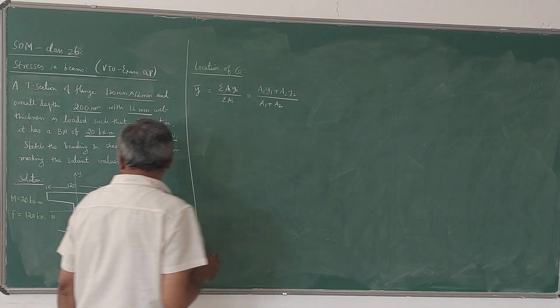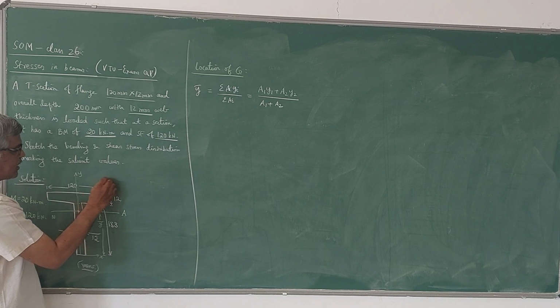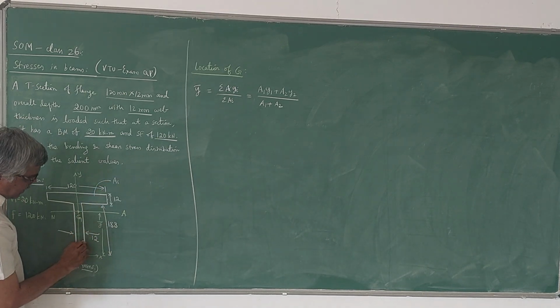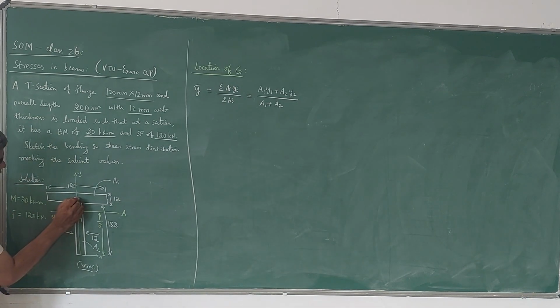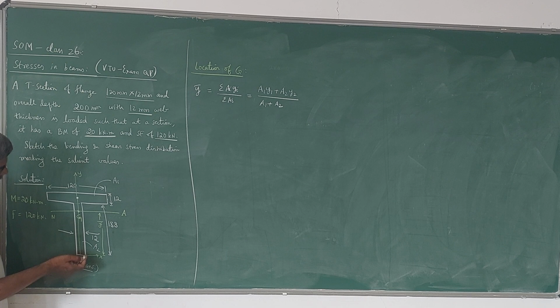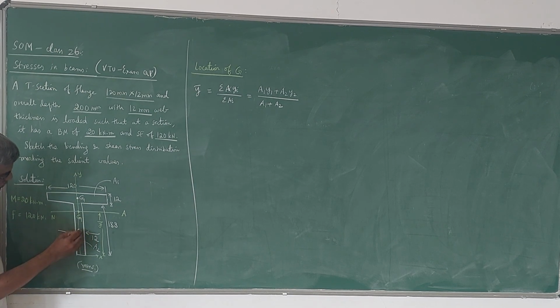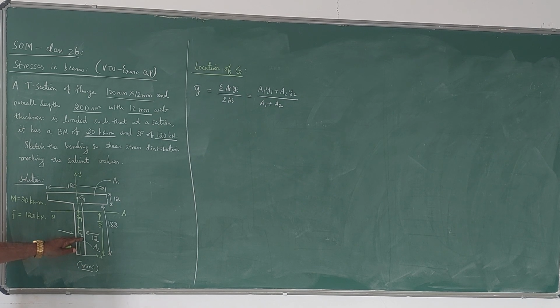Here a1 is the flange area and a2 is the web area. y1 and y2 are the distances of the centroids of those rectangles from the x-axis. If I take G1 as the centroid of the flange and G2 as the centroid of the web, the distance from the x-axis to G1 is y1, and to G2 is y2.